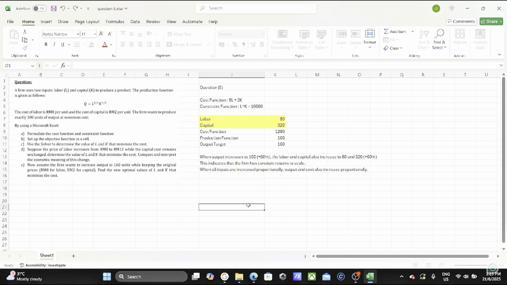So that's the new value that minimizes the cost. Labor is 80 and capital is 320 with the output increased to 116 units. That's how you solve question E.